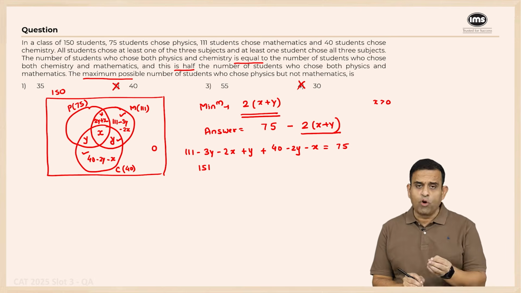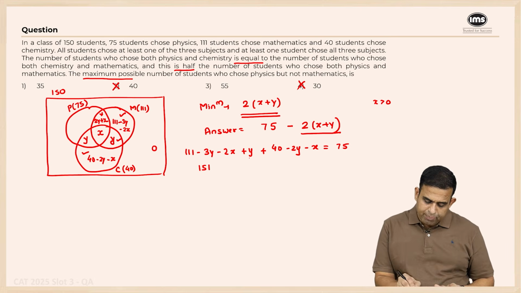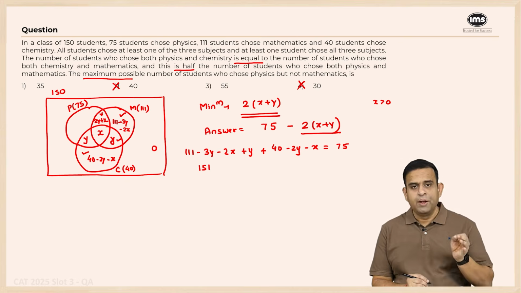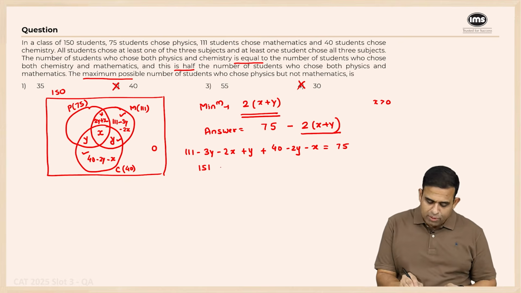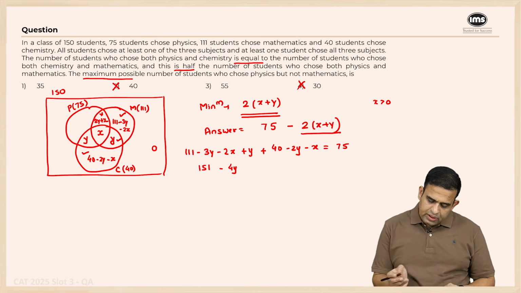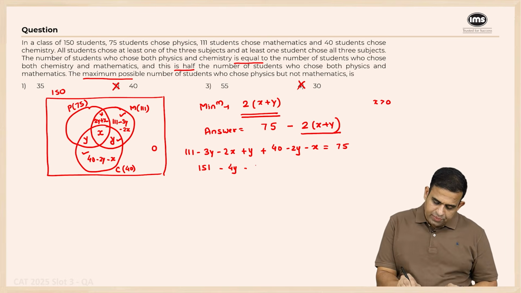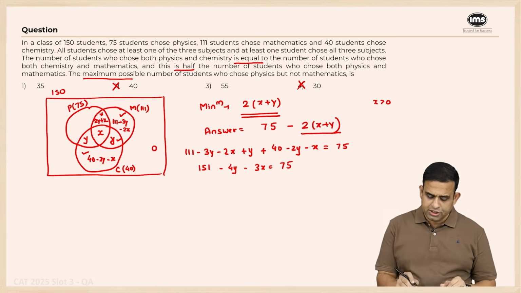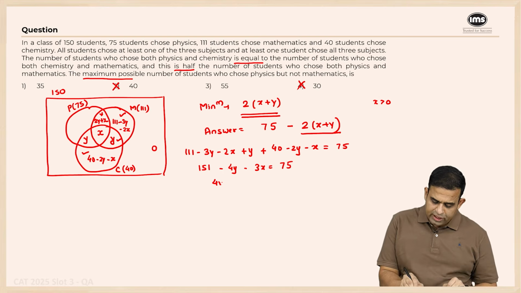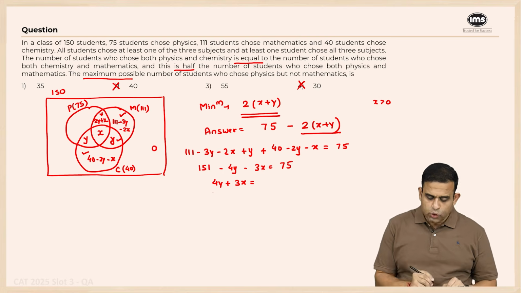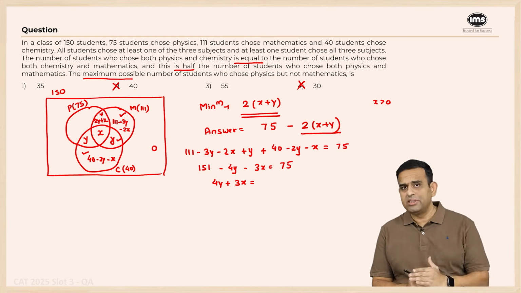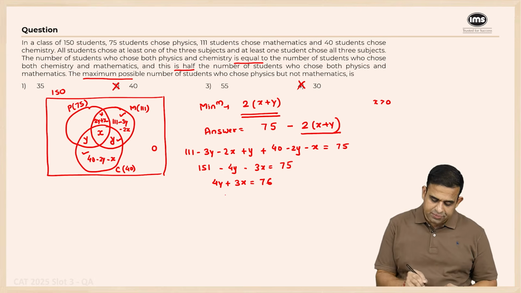If I look at the terms involving y, minus 3y plus y will become minus 2y, minus 2y minus 2y will become minus 4y. Then for the x terms, minus 2x minus x will become minus 3x, equal to 75. So I get a simple equation, 4y plus 3x equal to 151 minus 75, giving you 76.